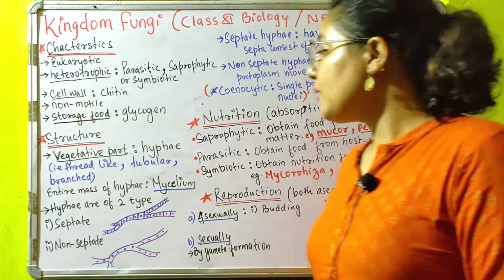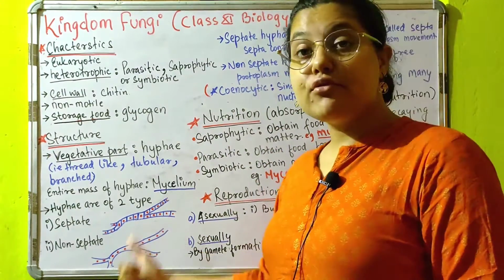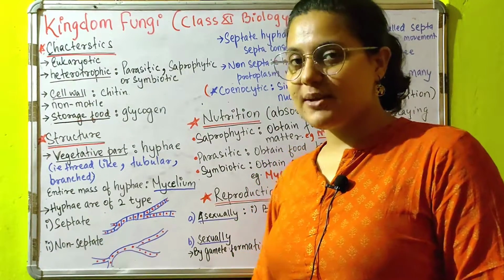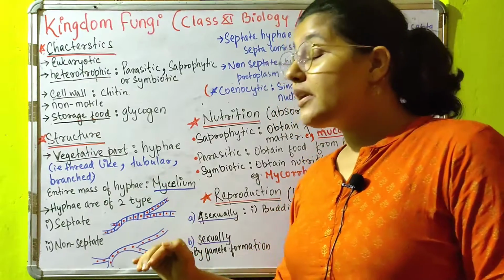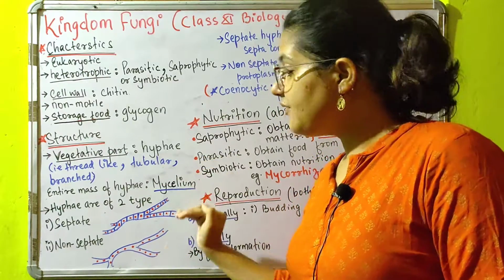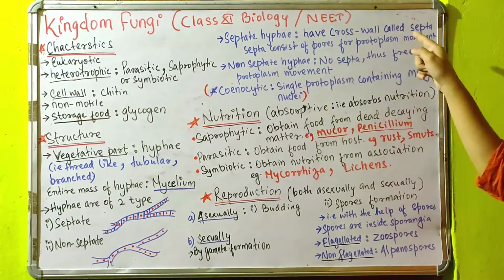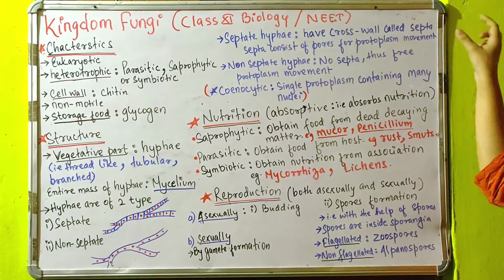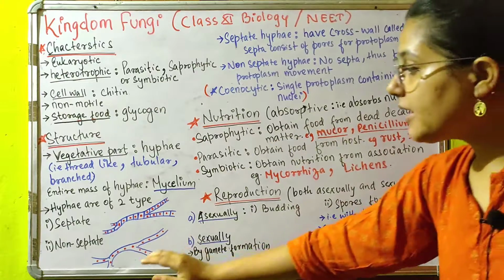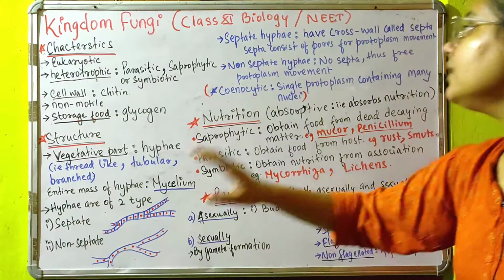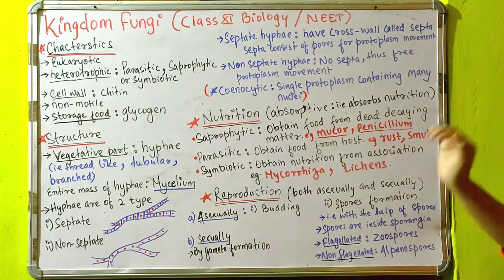Now, hyphae are of two types, that is septate and non-septate. What is septate and what is non-septate, you can see from the diagram. Septate means they have cross walls, known as septa, and non-septate hyphae do not have cross walls and do not contain septa.